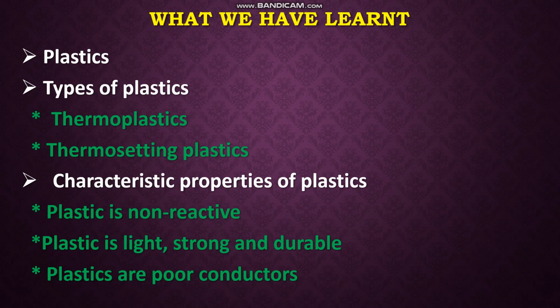Then we learned two types of plastics based on whether they can be softened on heating: thermoplastics and thermosetting plastics. Examples of thermoplastics are PVC and polythene; thermosetting plastics are bakelite and melamine. Their various uses we also studied.